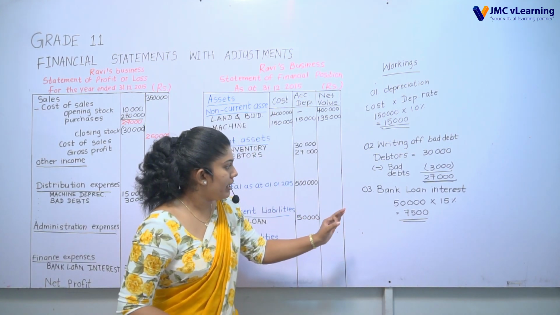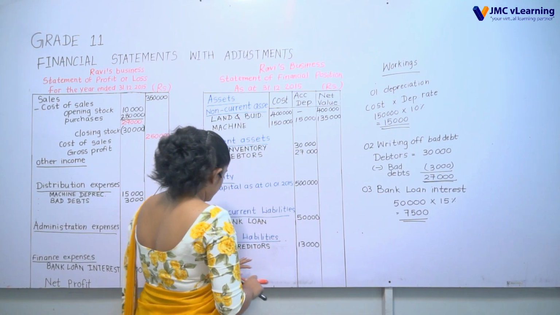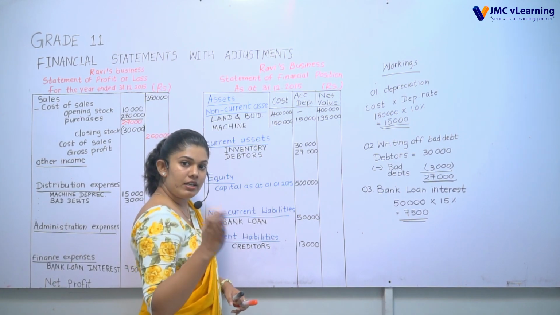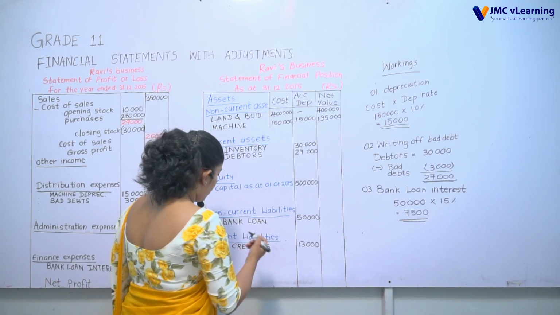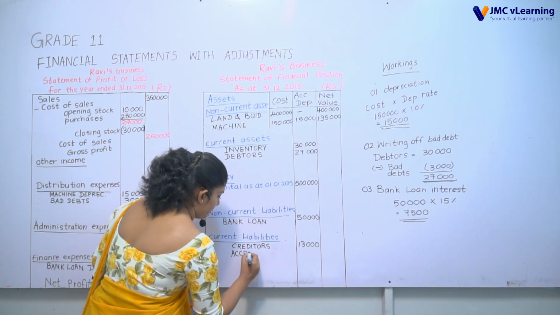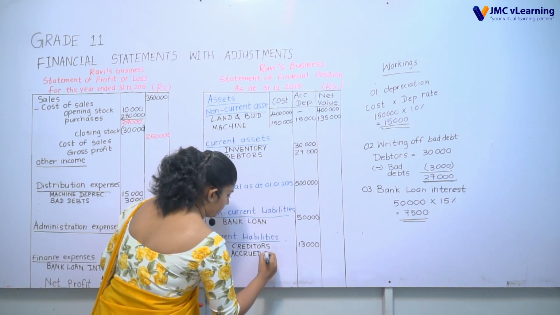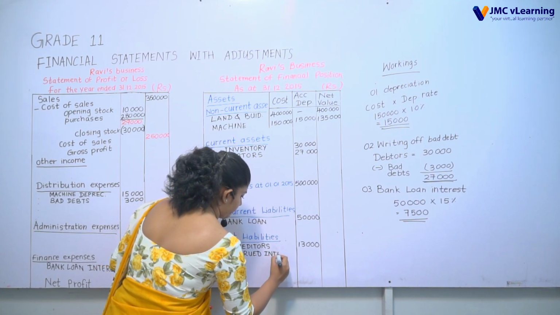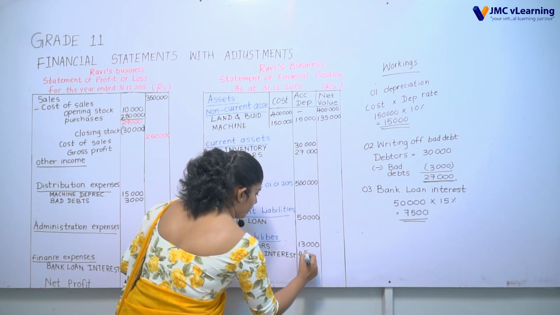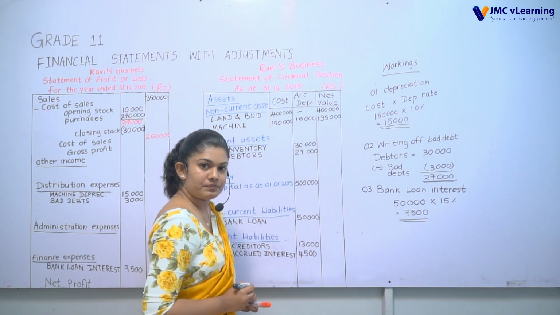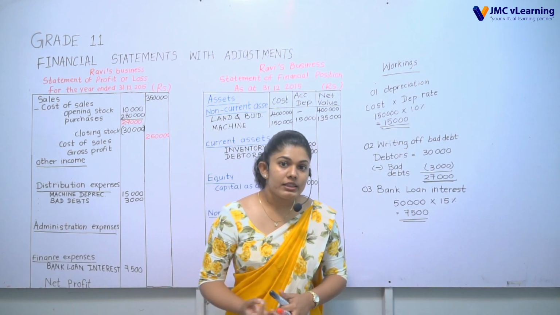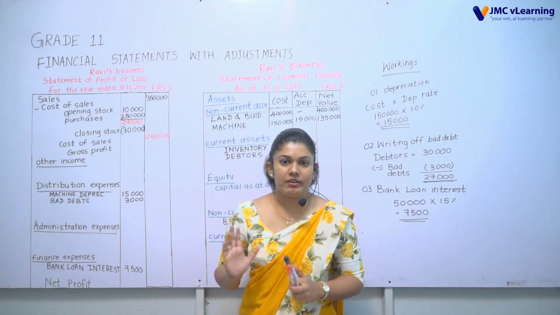Bank loan interest is an accrued expense for us because we haven't paid 4,500 of the interest at the end of the year. Therefore, we are recording accrued interest 4,500, because the expense is 7,500 but we have paid only 3,000. The accrued amount we have recorded.